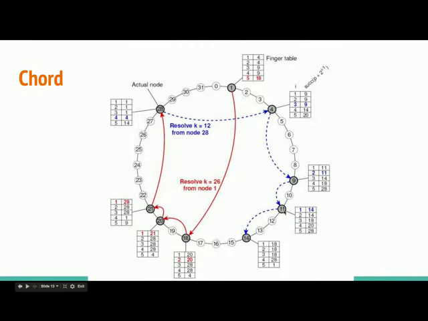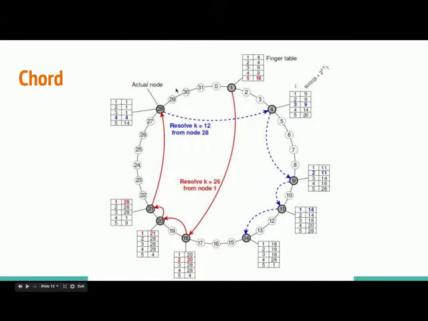And 11 says, well, my first one, which is my successor, has already 14, so he must have 12. So 11 asks 14, do you have 12? Then 14 says, I have.